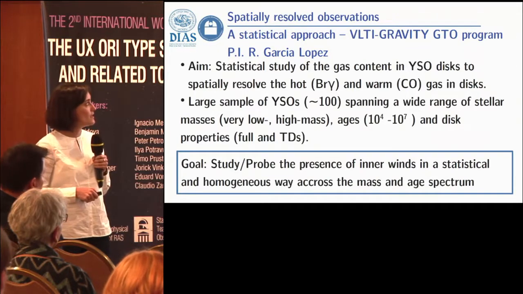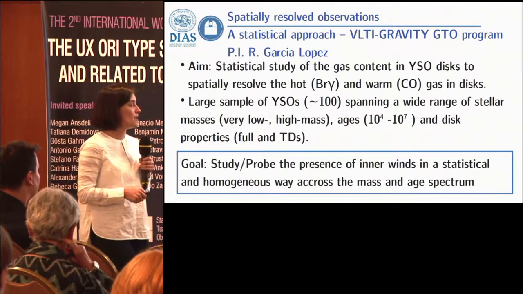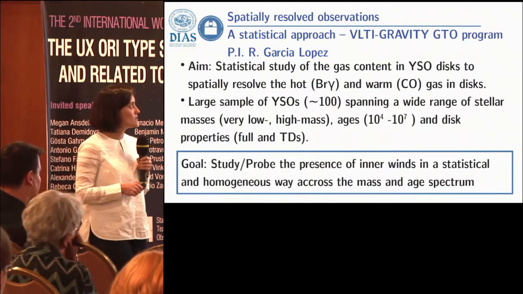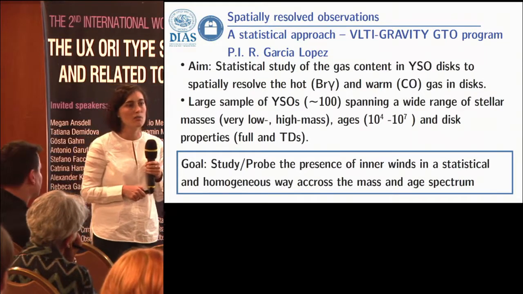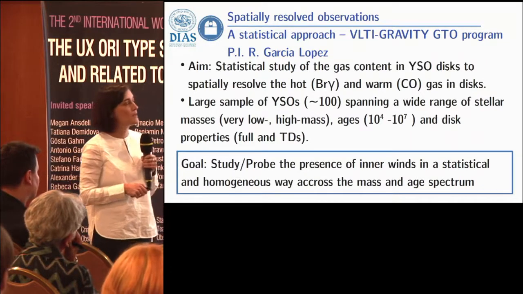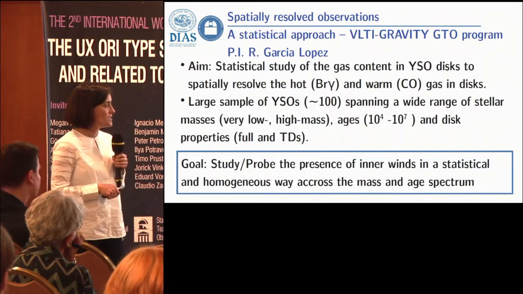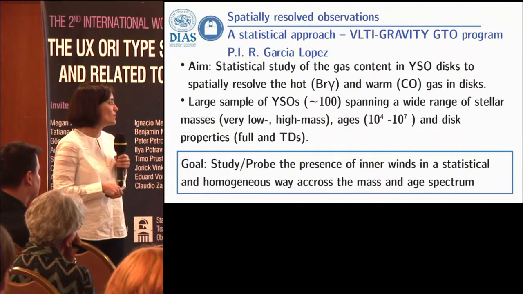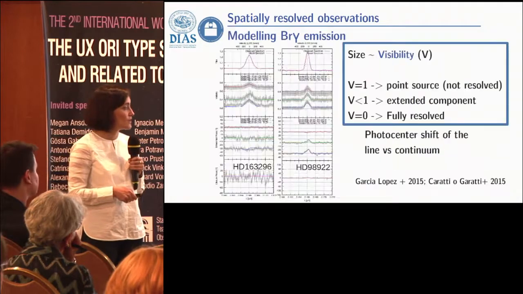So in our YSO GTO program, apart from studying the continuum, we also want to try to spatially resolve the hot Brackett gamma line components and the warm CO vibrational lines at near-infrared wavelengths. And with that, we want to try to prove the presence of winds in the inner regions of circumstellar disks.